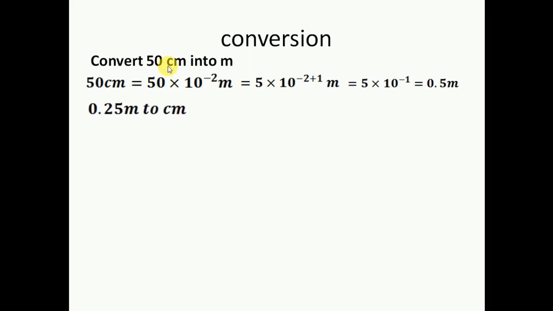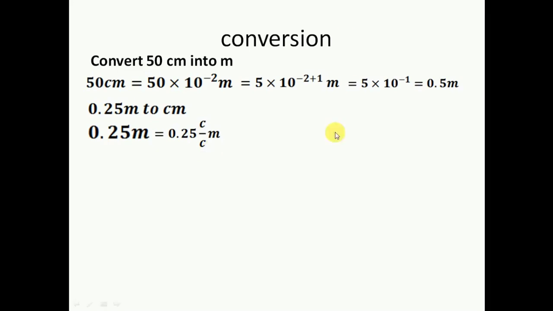So now let's do one more example. So let's convert 0.25 meter into centimeter. So out here I have 0.25 meter, I don't have centi. So what I can do is, I can multiply and divide centi and centi, because I want centi, so that's why I'll put centi and centi. If you multiply and divide the number with same numbers, nothing will happen, because this will get cancelled, so the number will remain same.